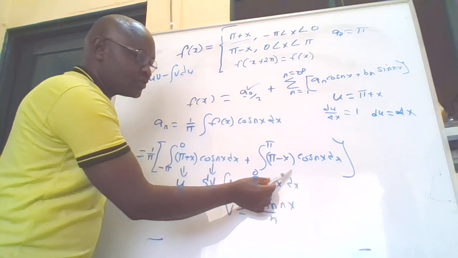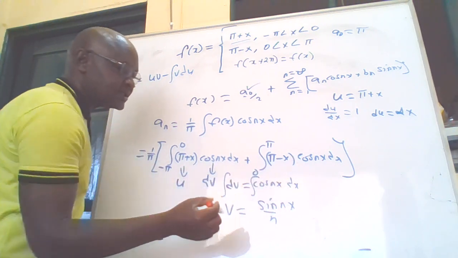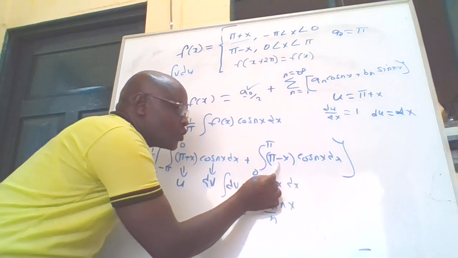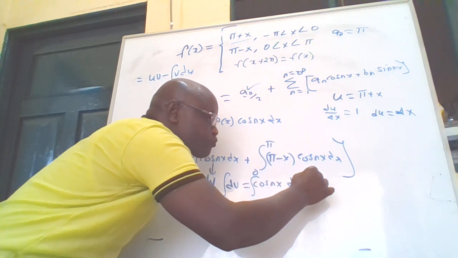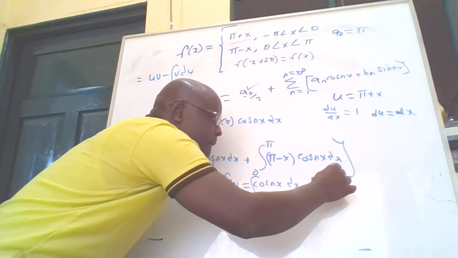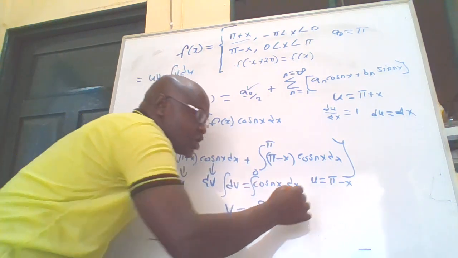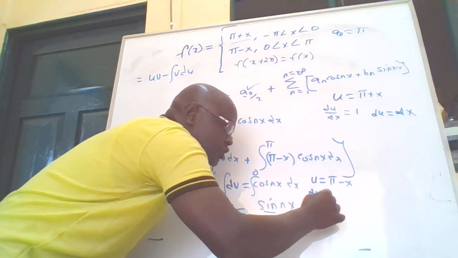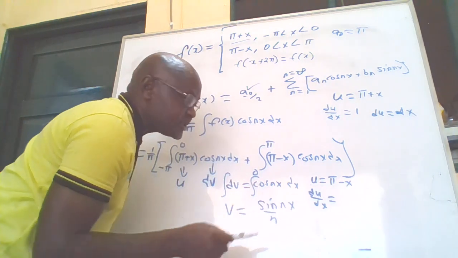We perform the same: we need to also differentiate this one and also integrate that. In other words, we let this be our u, that u equals pi minus x. Then we differentiate u with respect to x, so it will be du dx. When you differentiate pi with respect to x, you get 0.